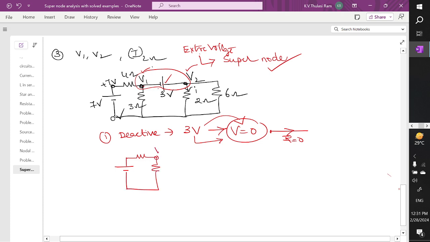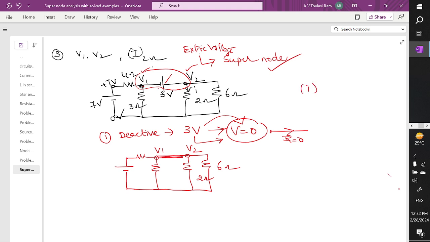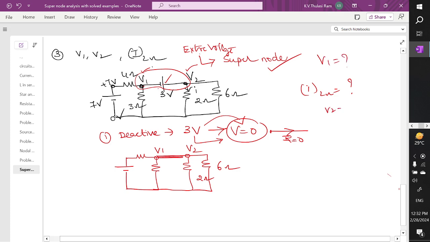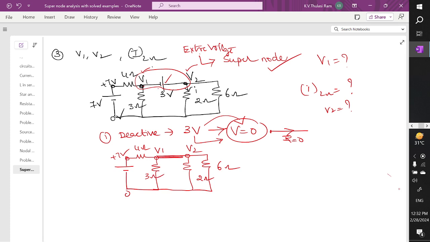This will be node V1, you are going to short circuit here, and you are going to have V2 here, and one more branch, this is 6 ohm, 2 ohm, and we need to find the current across the 2 ohm resistor. We need to find the V1 value as well as the V2 value. The given values are 7 volts, 0 volts, this is 4 ohm, this is 3 ohm, and we already shorted here.